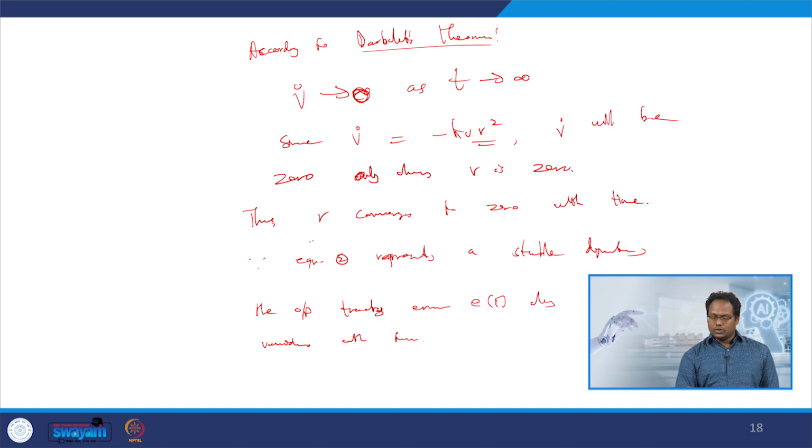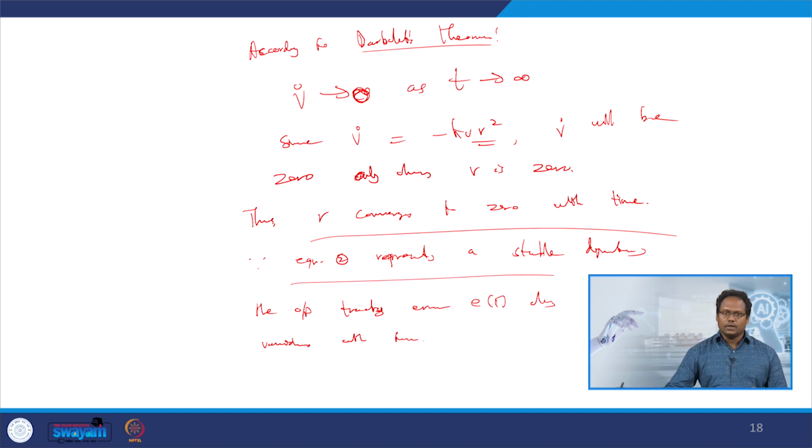Okay. As we know that r is the filtered error of the tracking error, we can say that r converges to 0 as time tends to infinity. Equation 2 represents stable dynamics as well. So, the output tracking error E also tends to 0 when time tends to infinity.